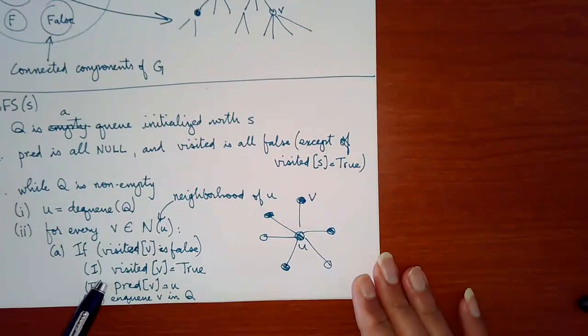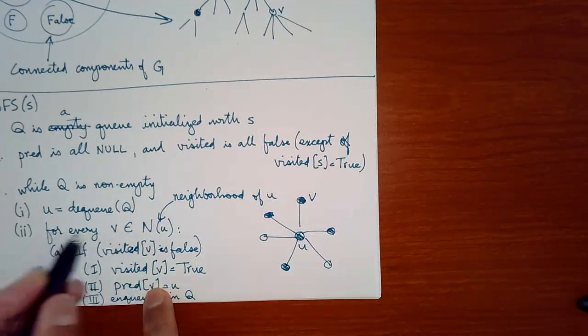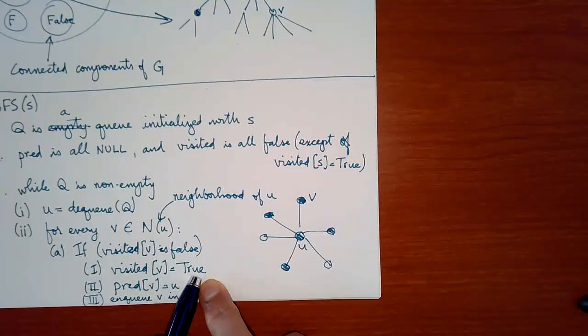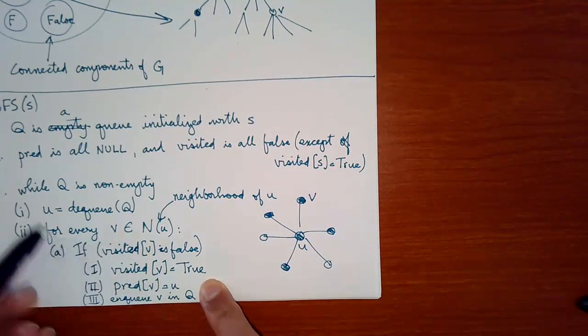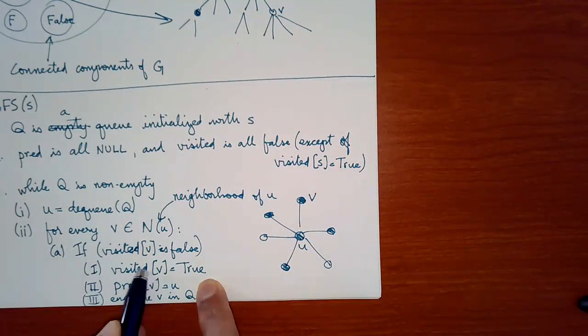If you look at the way this code works, when visited is set to true, then the predecessor is set. Visited V is now true, so it is never going to enter this again through any other place. Oh, okay. Right? This is key: because it's now set to true, you only get one predecessor.